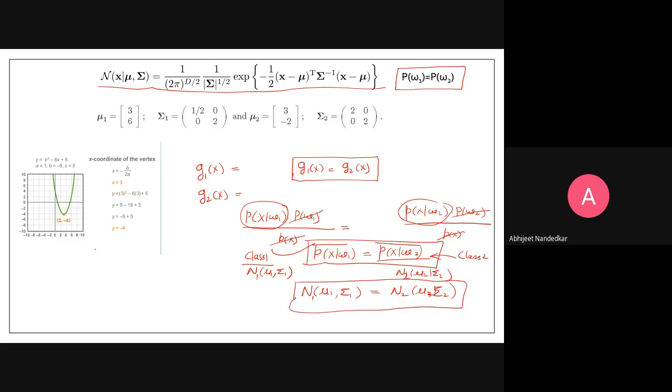So how do you do this? You take this basic equation, then you write this as 1 by 2 pi to the power D by 2.